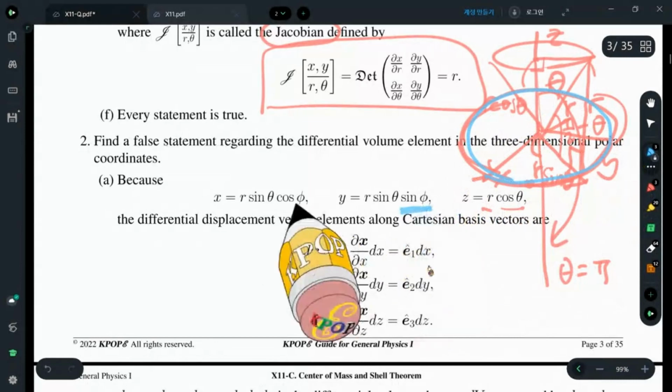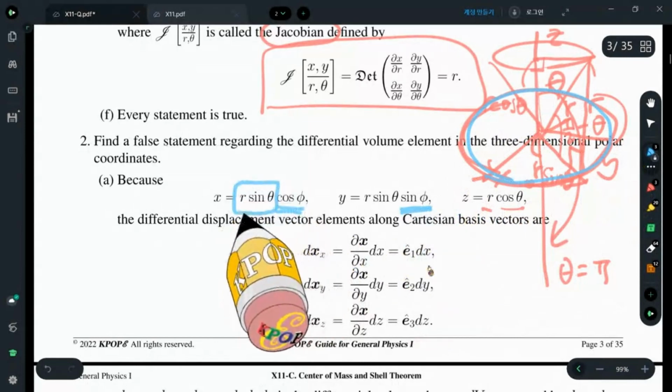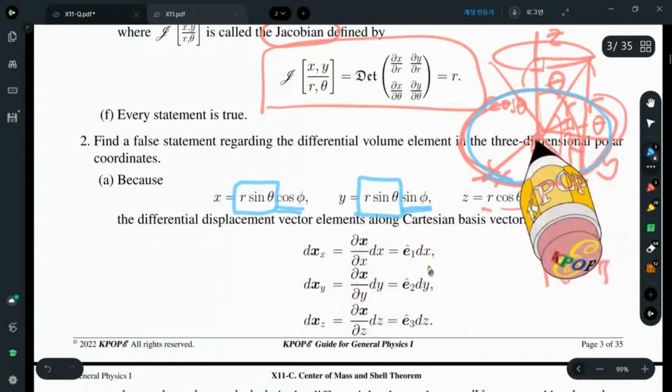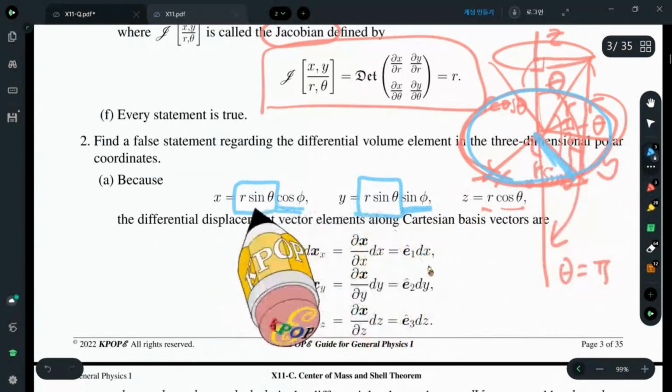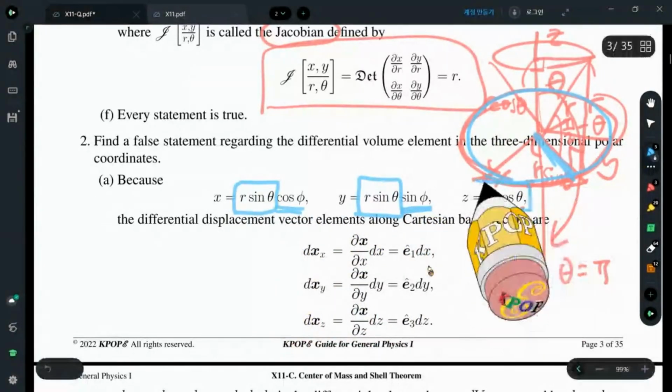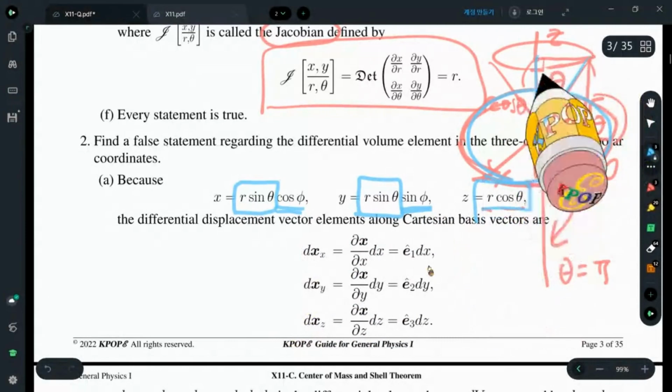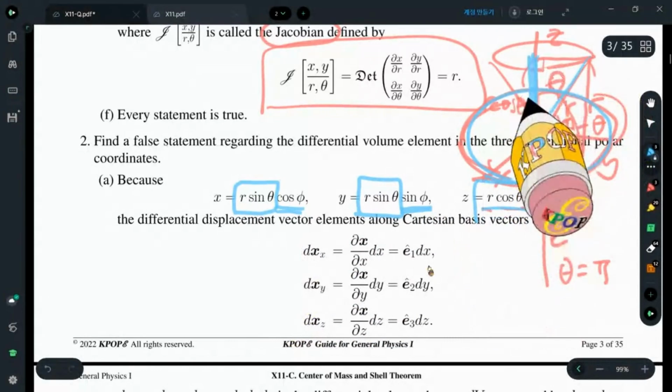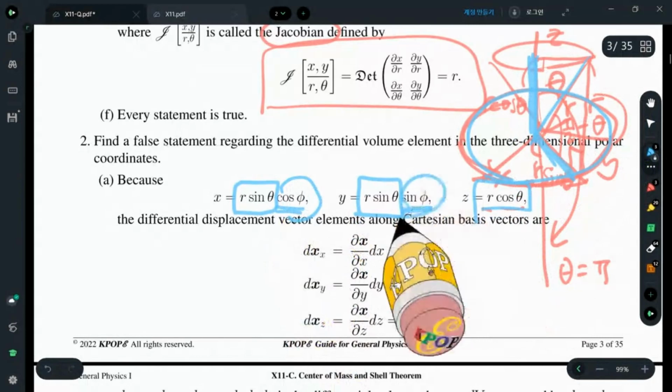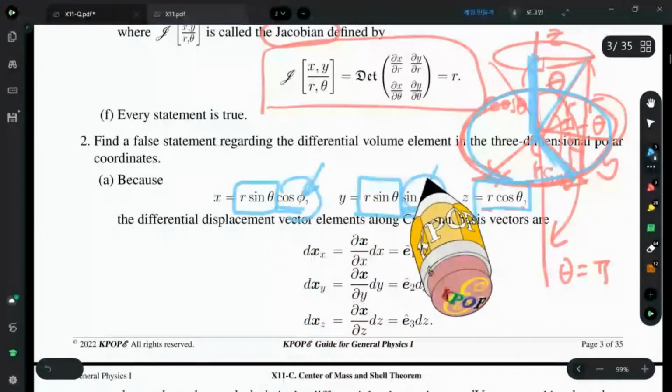So this phi, this is the planar radius r sine theta, and r cosine theta is the z component, and we have azimuthal angle dependence phi.